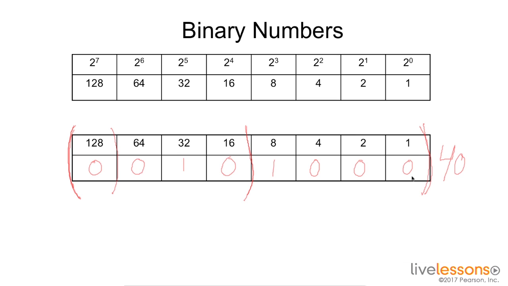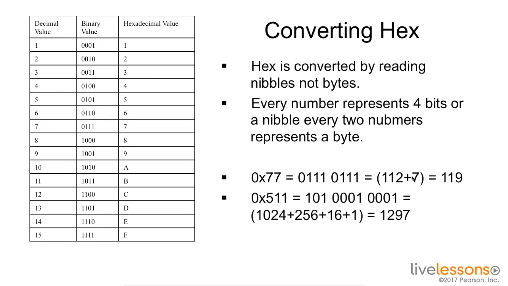This is going to be important as we move on and take a look at converting hex into decimal. Hex is an interesting numbering scheme that starts with values 1 through 9. Let's look at the hex numbering scheme. Hex starts with 1 and goes to the number 9.